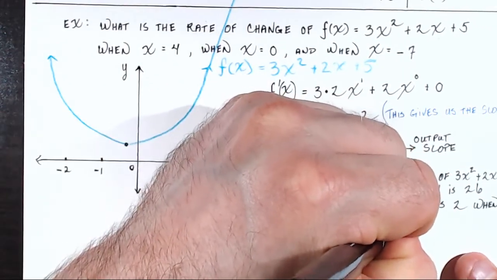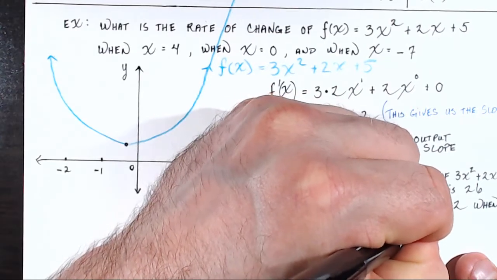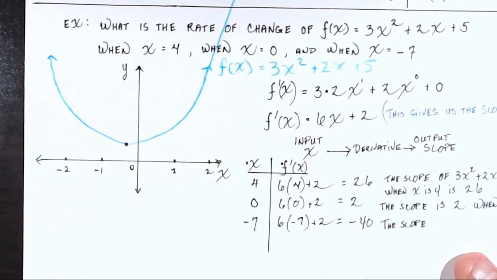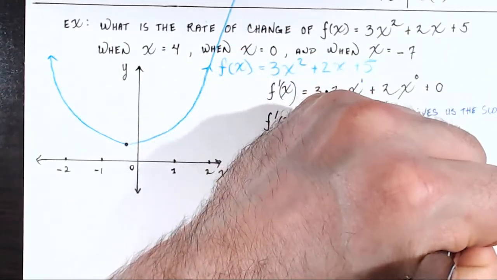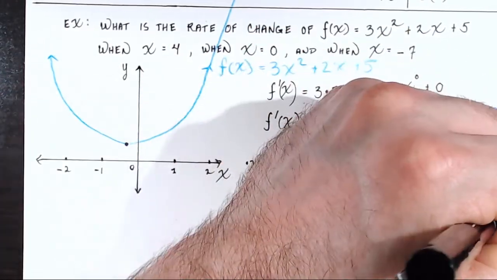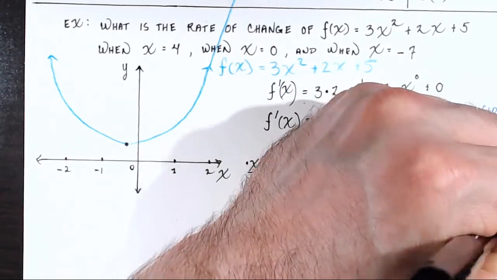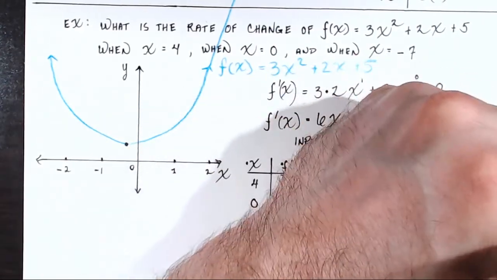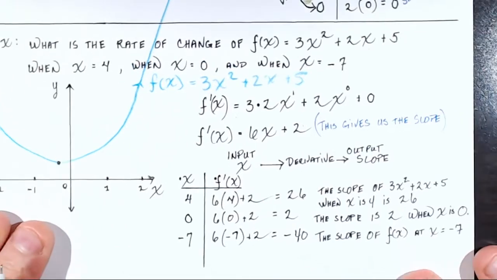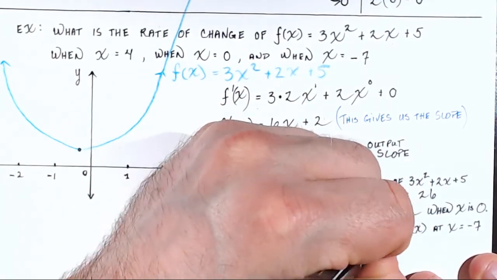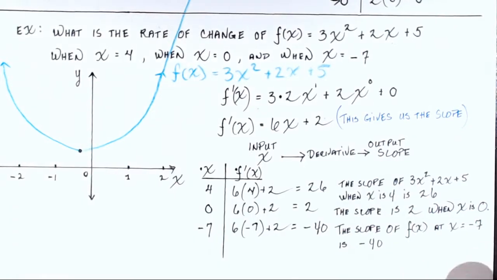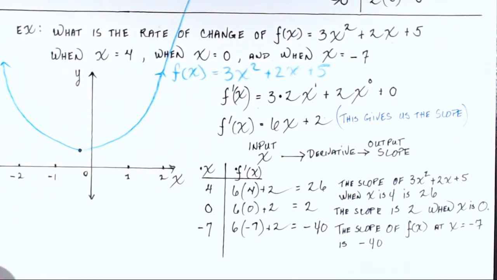So the slope of f of x at x equals -7 is -40.